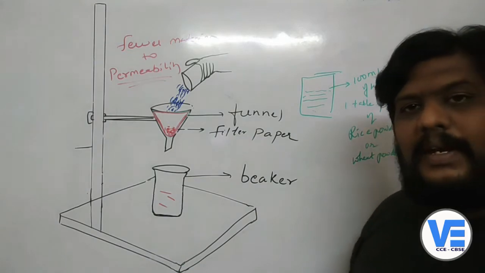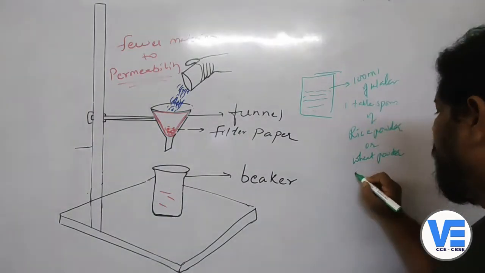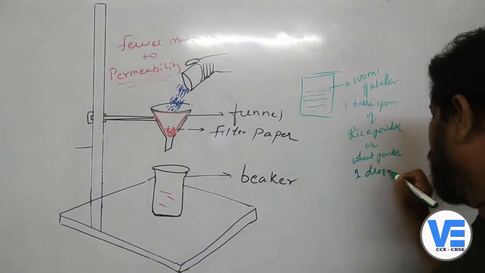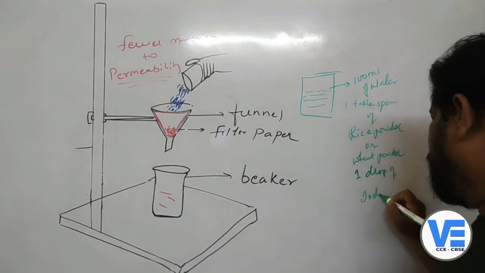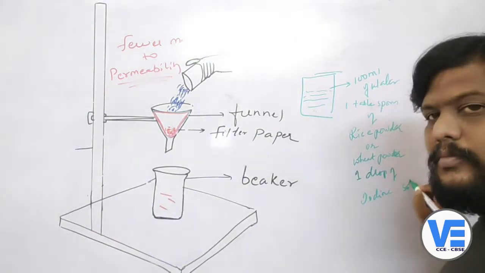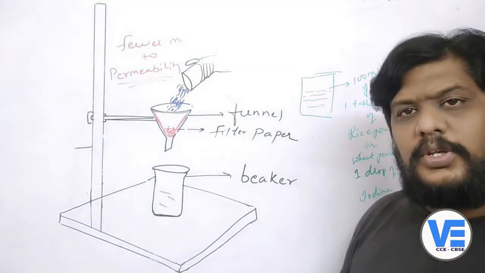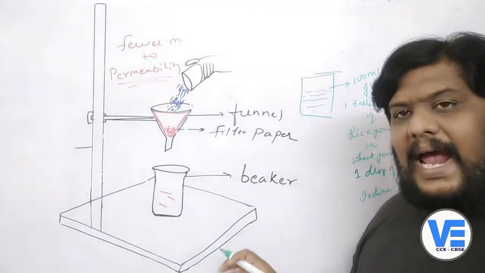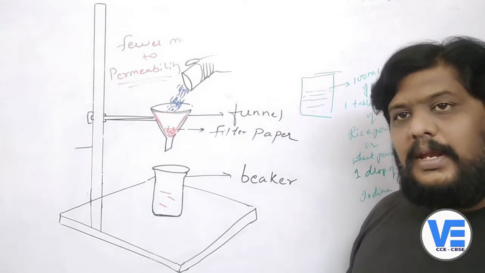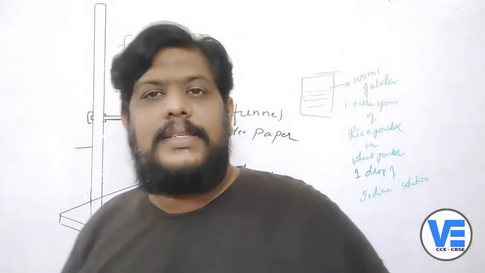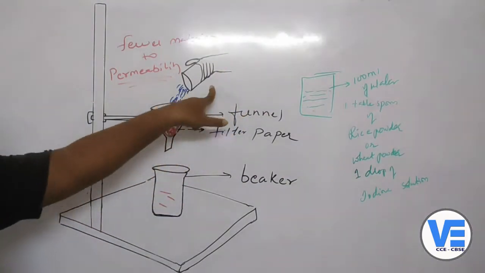And also we'll add 1 drop of iodine solution. So after adding 1 drop of iodine solution, now we will take this beaker, as I have shown in the figure.